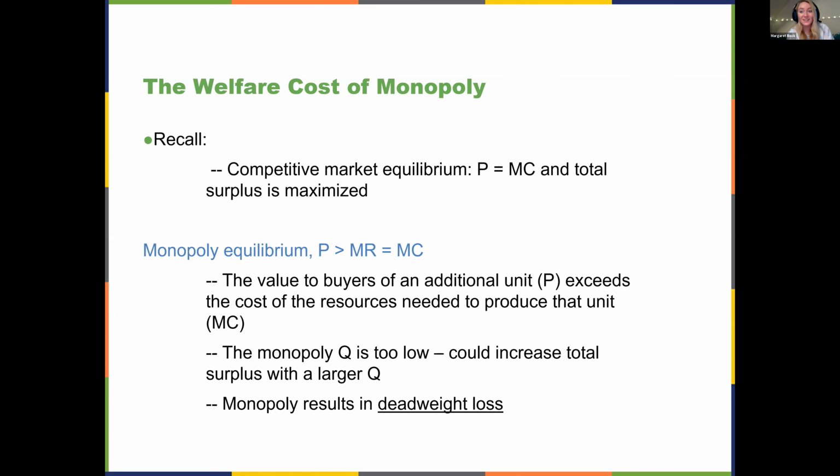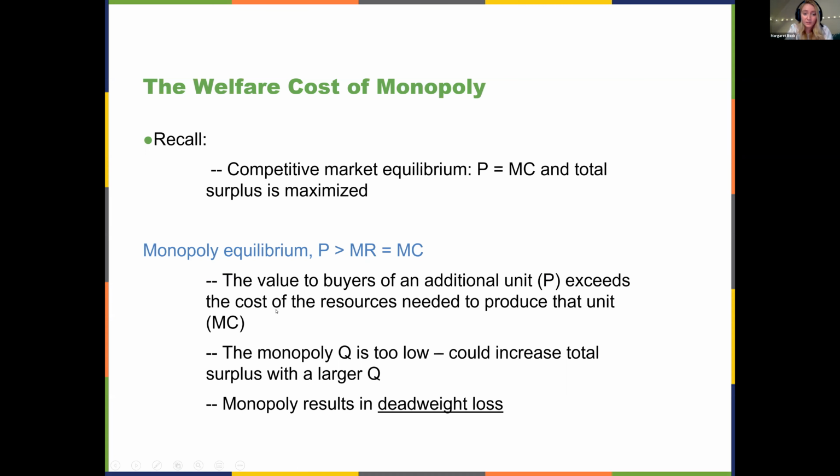But we've learned in the last couple videos that the monopolist does not charge the same perfect competition price or even produce the same perfect competition quantity. And because of this, it actually creates a loss to society overall.